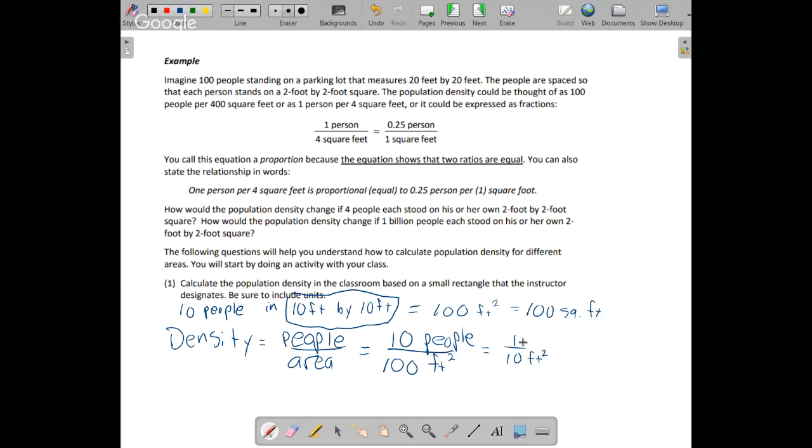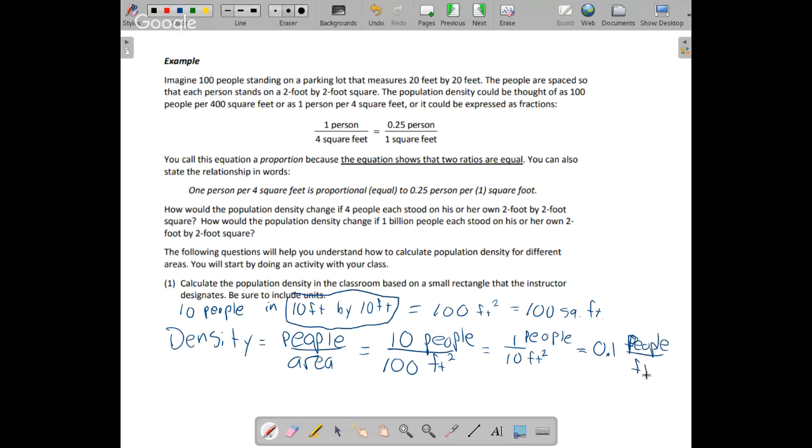So 10 square feet, let's see, 3 feet times 3 feet is 9, so that's a little bigger than a 3 by 3 grid all to yourself. Think about that: look down at the floor, imagine what 3 feet by 3 feet looks like, and then a whole bunch of people standing next to you in similar boundaries. 1 divided by 10 I could write as a decimal, 0.10 people per square foot.